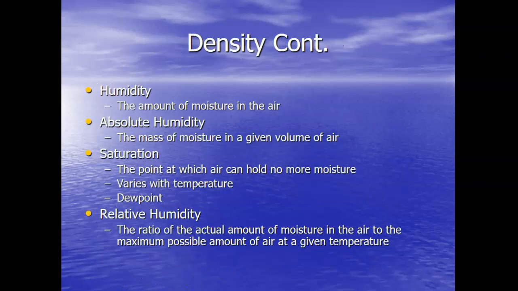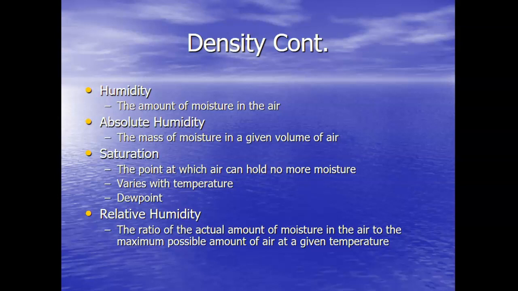Now humidity is the amount of moisture in the air, and absolute humidity is the mass of moisture in a given volume of air. When we say saturation, that's the point at which air can hold no more moisture, and that varies with temperature. It's called dew point.